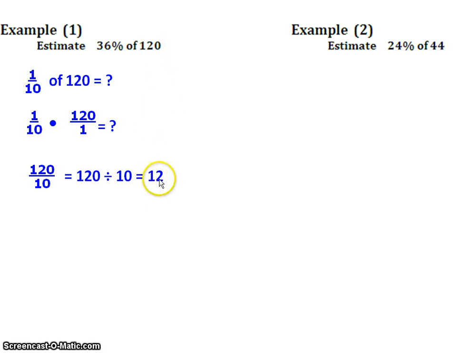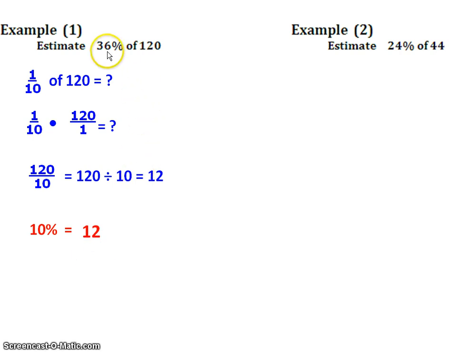Now, in order to find 10%, we can start off with 120. When we divide by 10, we simply move the decimal one place value to the left. So 120, I move the place value once to the left, and I can find 10%, which is 12. So 10% of 120 equals 12.